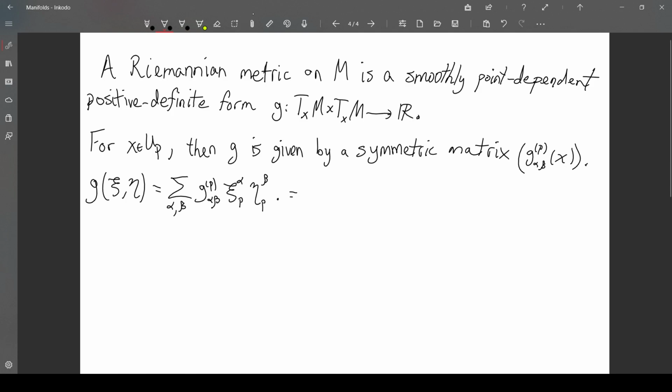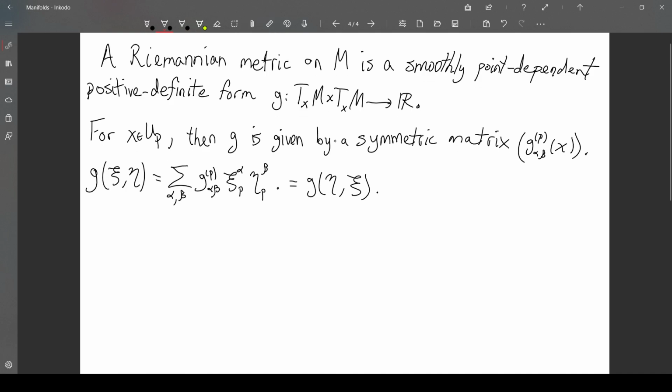And this is symmetric. You can prove this is symmetric by just swapping alpha and beta, and since this matrix is symmetric, it makes the product symmetric.